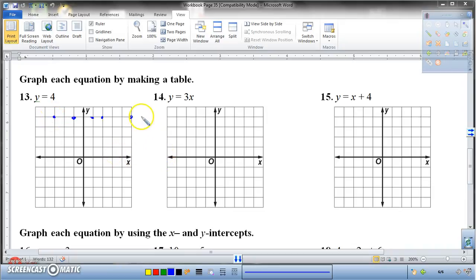Going on to positive infinity, no matter what I plug in for x, and going on to negative infinity, no matter what I plug in for x, y is always going to have the same value of 4, which is going to form a horizontal line right there on y is equal to 4. Okay, so as far as following the directions here, since it does say to graph using a table, your table would look like this.